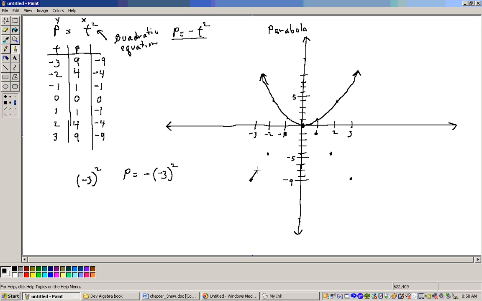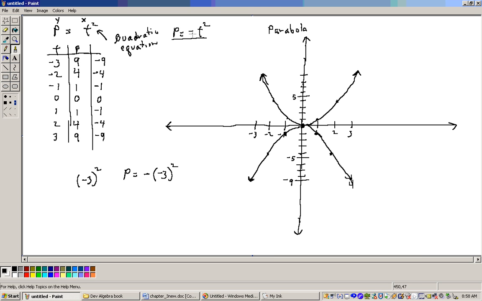And if I graph this, you get a parabola that is opening downward, like this. So you get basically the same graph as this one, except just reflected. It's a mirror image or a reflection through the x-axis. And this would also be considered a parabola right here, opening downward.